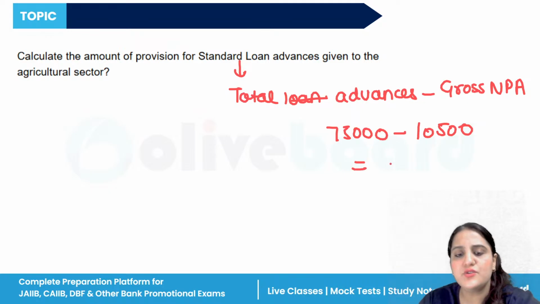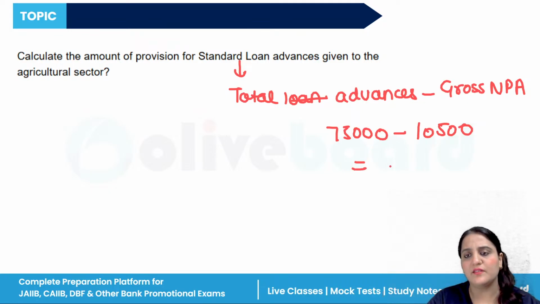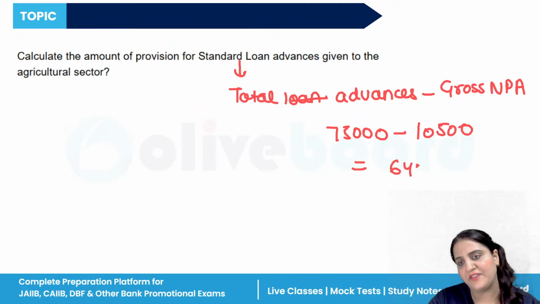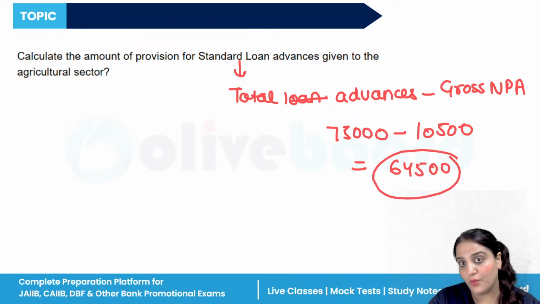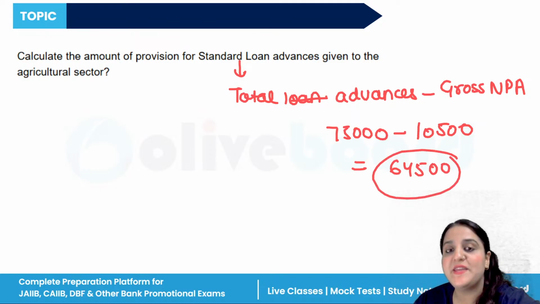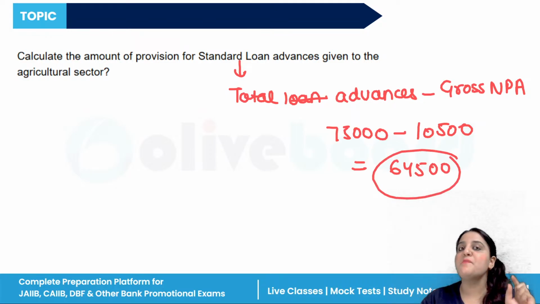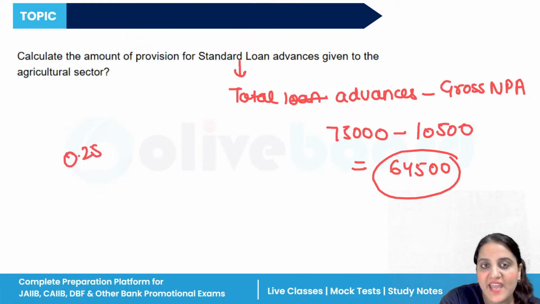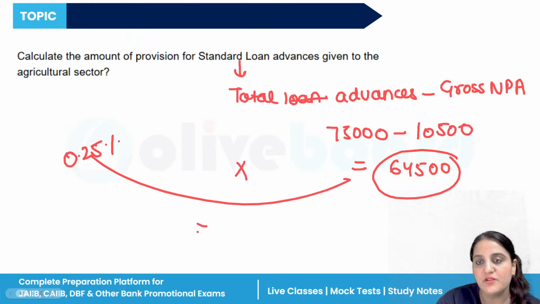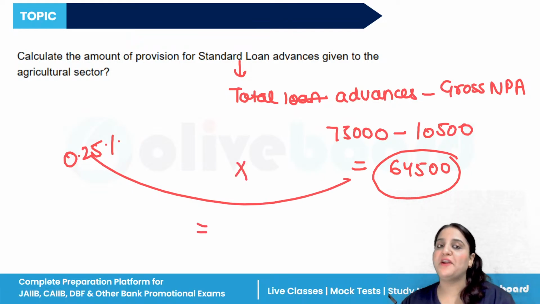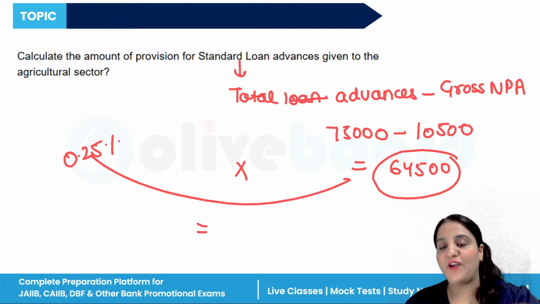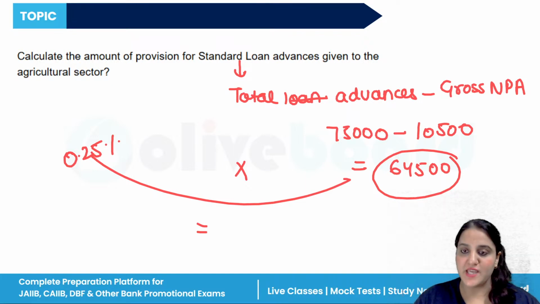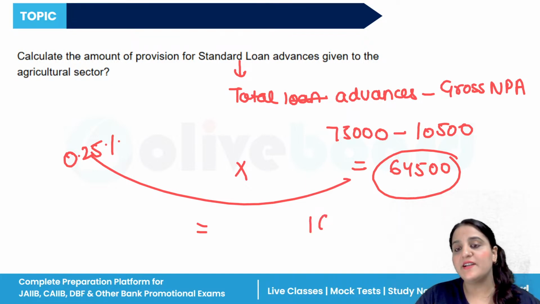So it is equal to 64,500. Now, according to the RBI guidelines, there is a provision of 0.25% for the agriculture sector. So just do the multiplication, 0.25% of 64,500, which is equal to 161.25 crore.